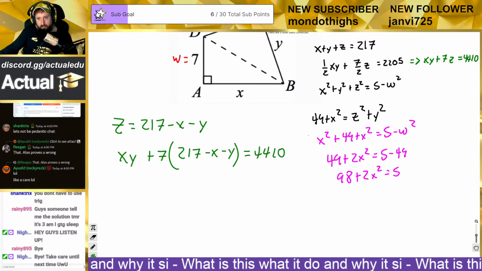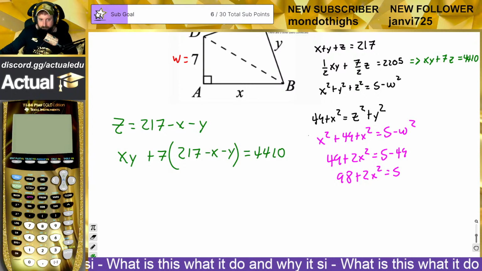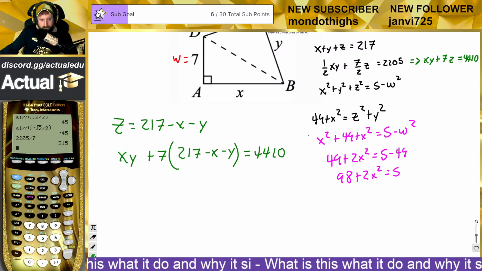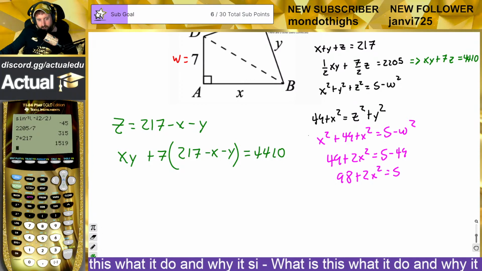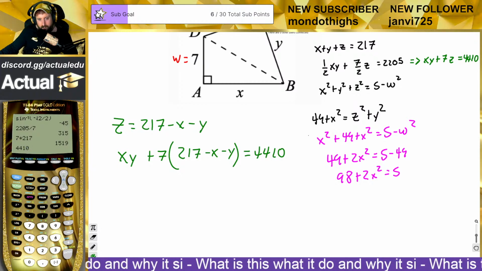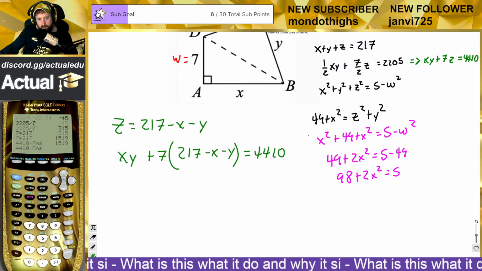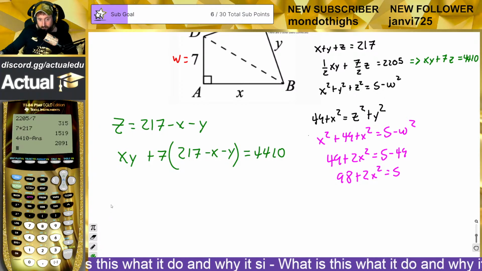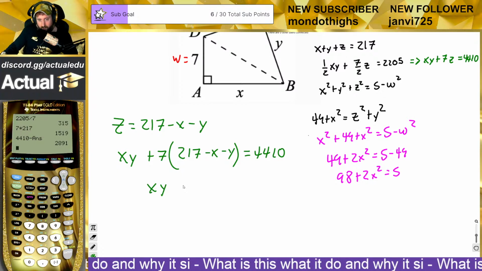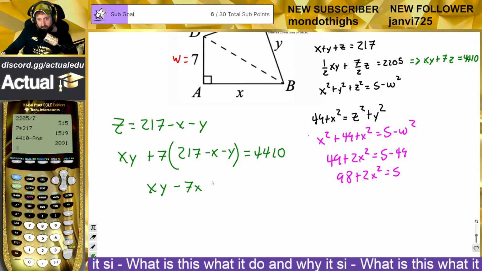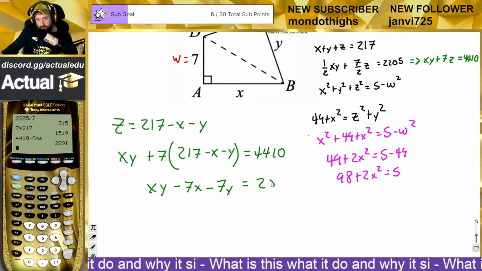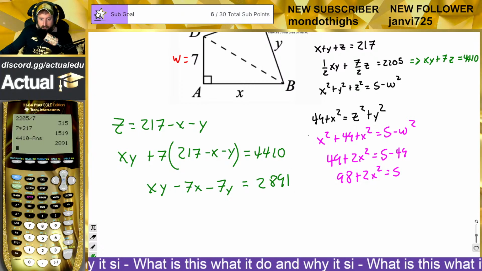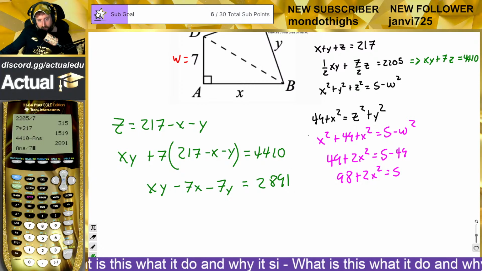What's 7 times 217? Seven times 217 is 1519, and let's move that to the other side. Let's do the 4410 minus that. 2891. Okay. So xy minus 7x minus 7y is equal to 2891. I don't think that divides by 7, does it?